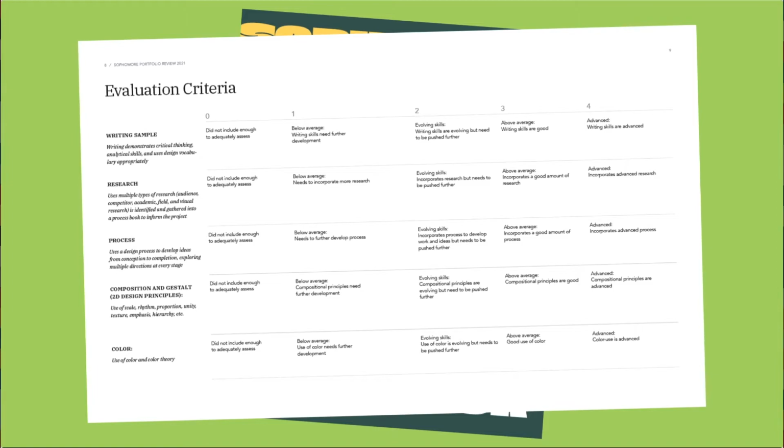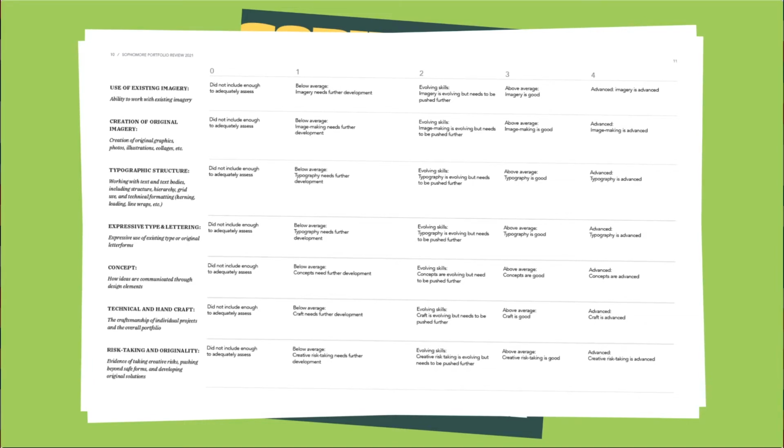Research, process, composition and gestalt, the 2D design principles, color, use of existing imagery, creation of original imagery, typographic structure, expressive type and lettering, concept, technical and handcraft, and risk-taking and originality. Those are how we're evaluating things. And as you look across, you might see we've got our same 1 to 4 scale. We actually even have a 0 on here, just so you can see what the baseline is.